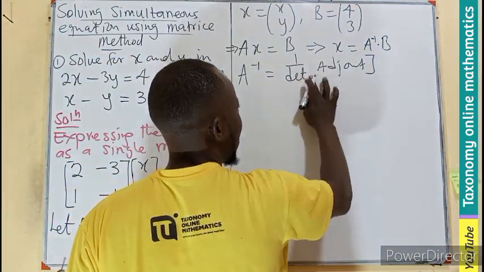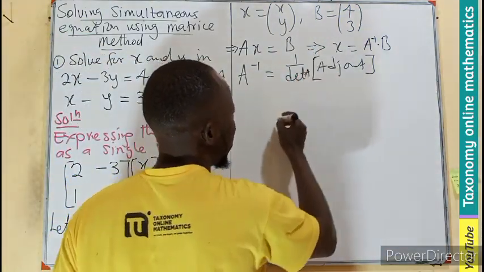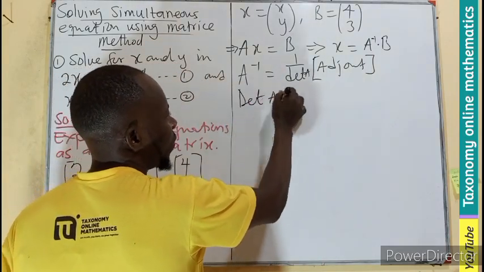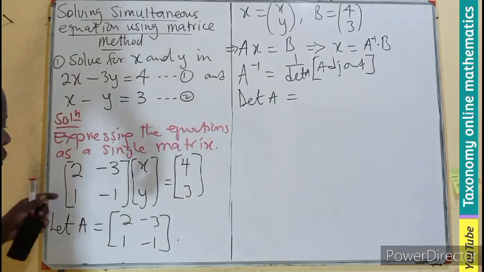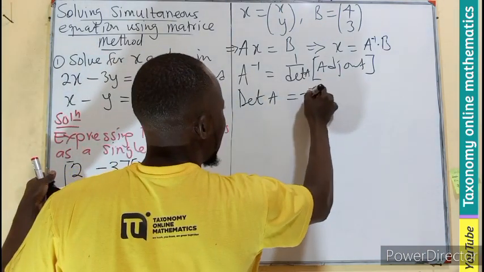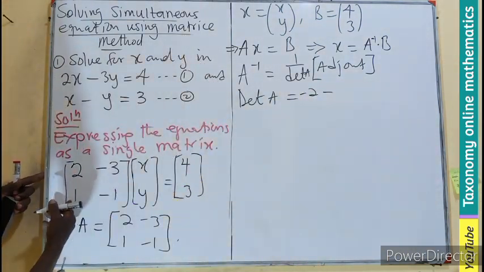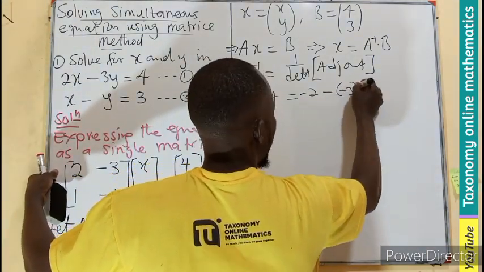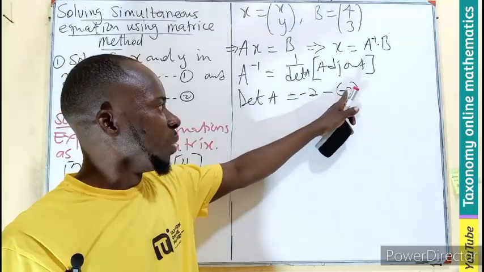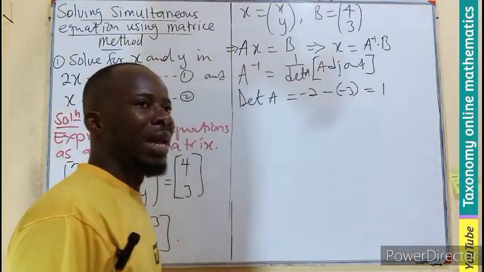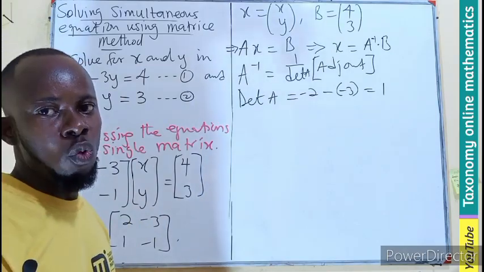Determinant of A equals, we multiply the leading diagonal, 2 times negative 1. That will be negative 2, minus the other diagonal, 3 times negative 3 times 1, which will be negative 3. This becomes plus. So your answer is going to be 1. That is minus 2 plus 3, which gives you 1.